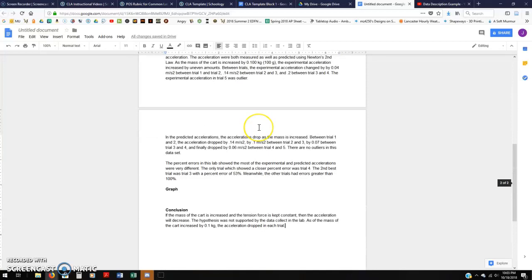Alright, we might say in addition, this change was not close to the predicted accelerations, where only one trial showed, only one trial was close to the predicted values, period.